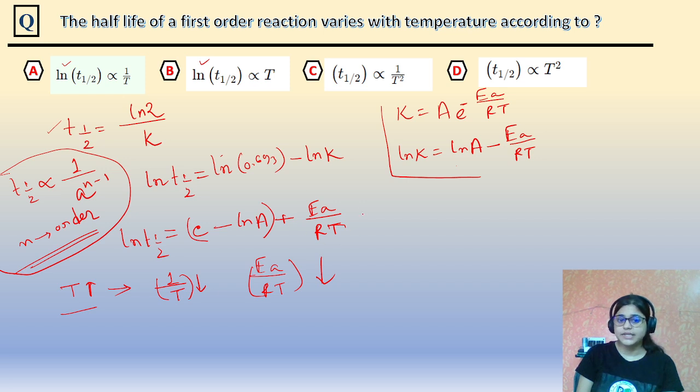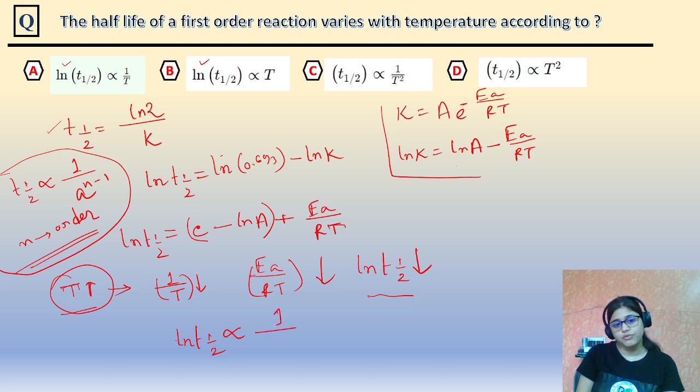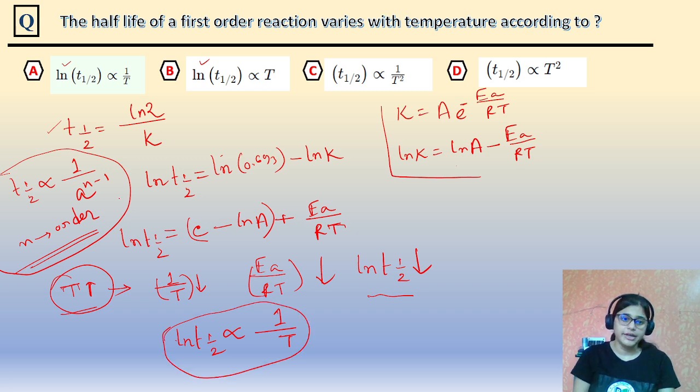If this term decreases, then ln t half will also decrease. So as temperature is increasing, ln t half will decrease. That means ln t half is proportional to 1 by T. So this will be the correct option. A will be the correct option.